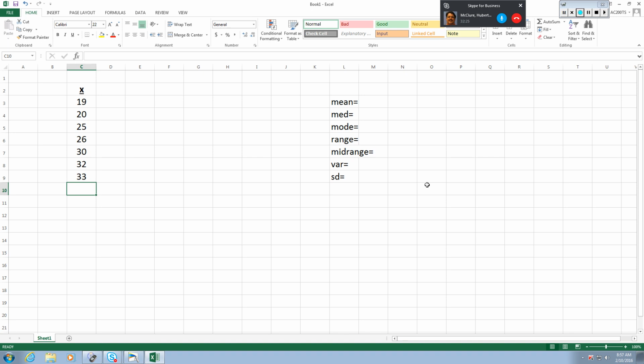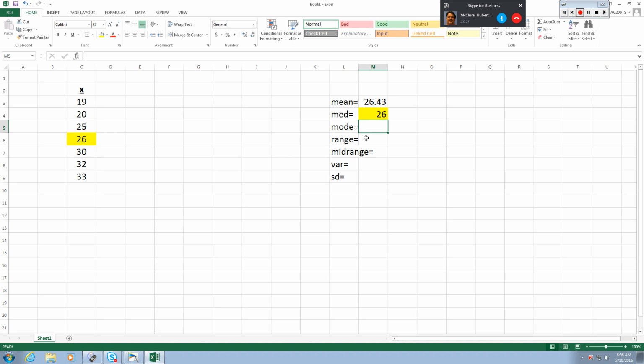All right, so we need to find our mean. That's the first thing we need to find. The mean is the sum divided by what? 7? And there's that. Median is equal to that number right there. I'll color that yellow.